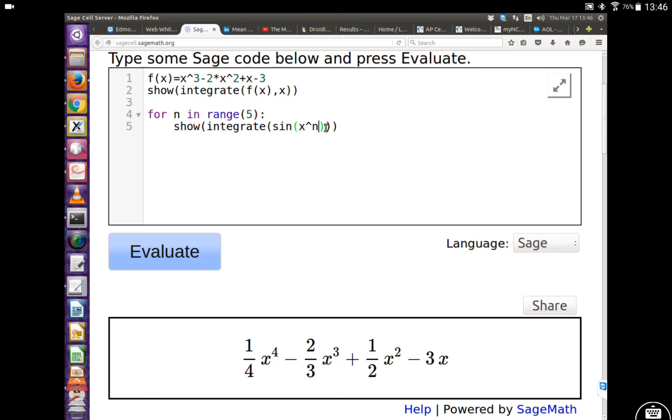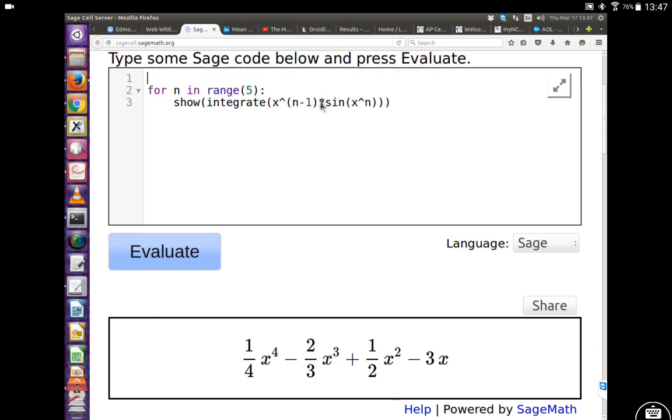Now think about it. If it's like x squared, you'd like to see a 2x up front, right? Or if it's x cubed, you'd like to see a 3x squared up front. How about we do x to the quantity n minus 1 times that? Would that work? Let's get rid of this whole thing here. Okay, there you go.